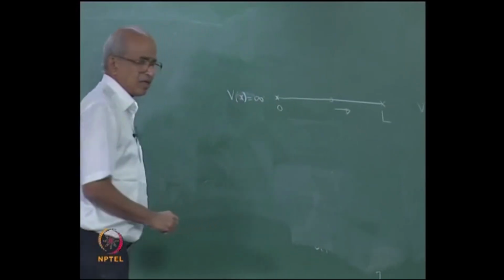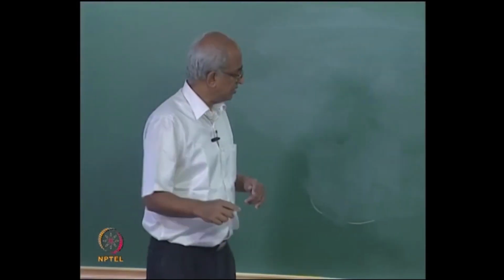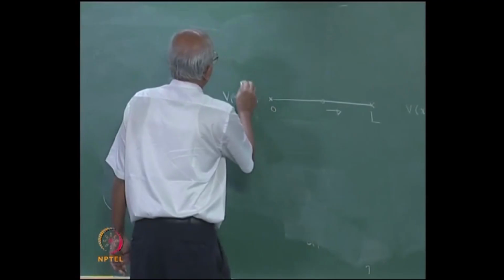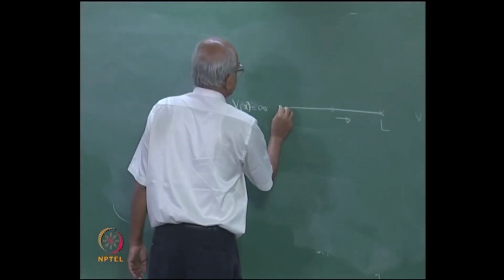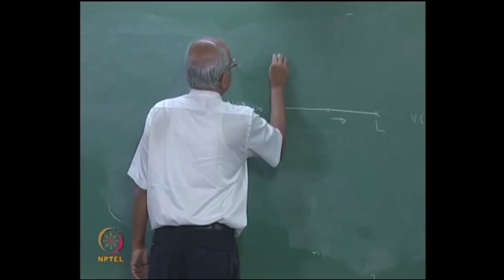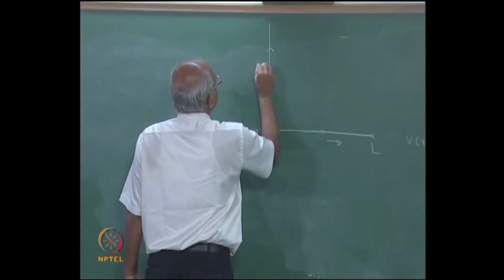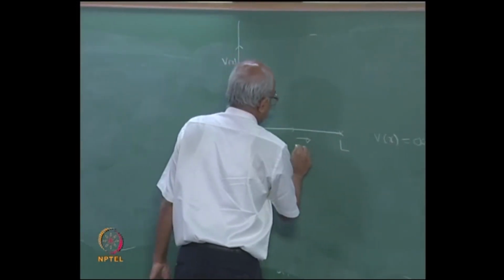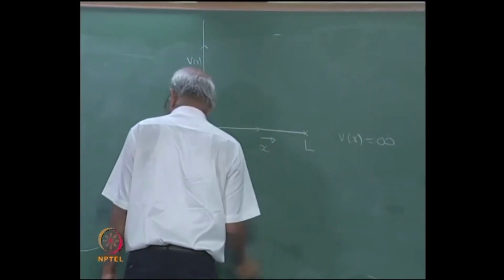I will tell you the physical motivation for doing this in a few seconds, but suppose I am going to represent the potential energy along the vertical axis, and this is my horizontal axis, which is actually x.